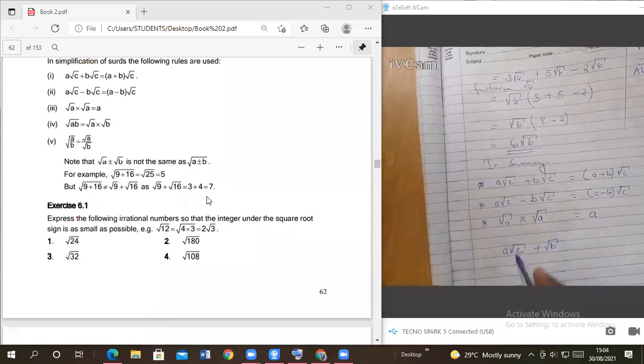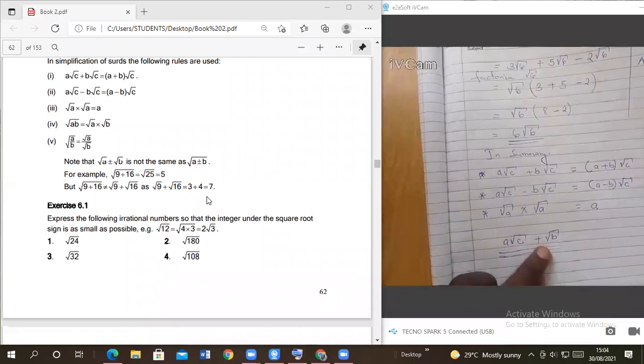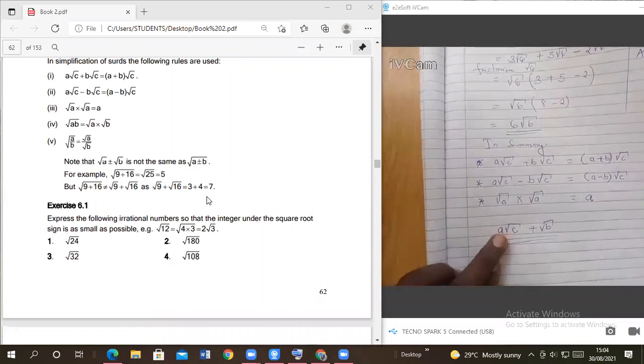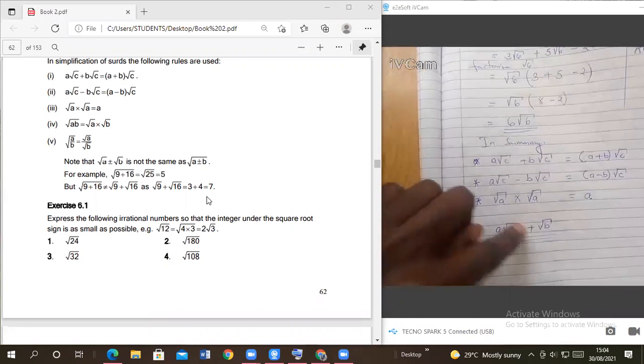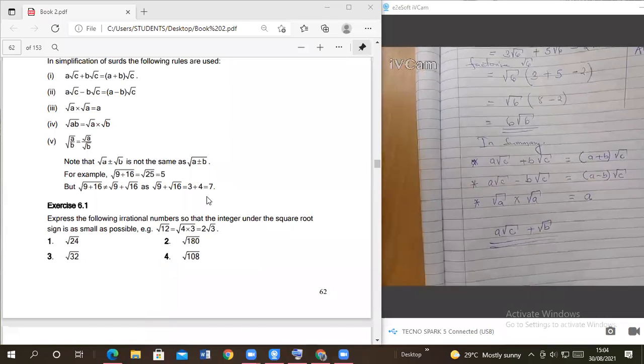This one you cannot add them. You leave it like that. This one cannot be simplified. Why? Because the numbers under the square root are not the same. You cannot simplify unless they have the same order. Okay? Yes.